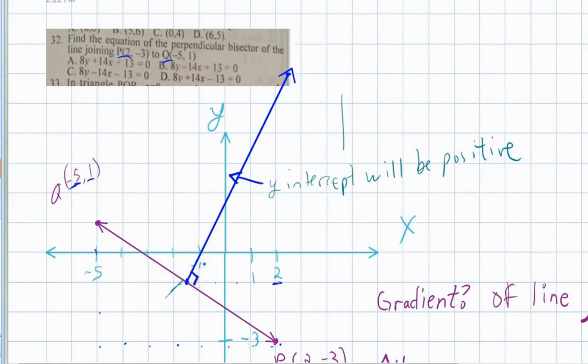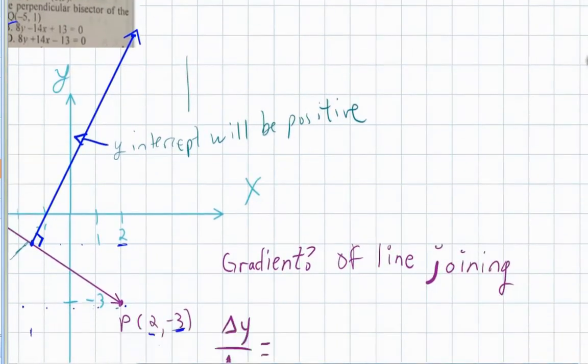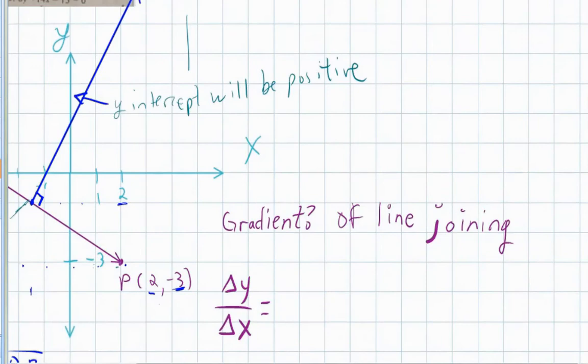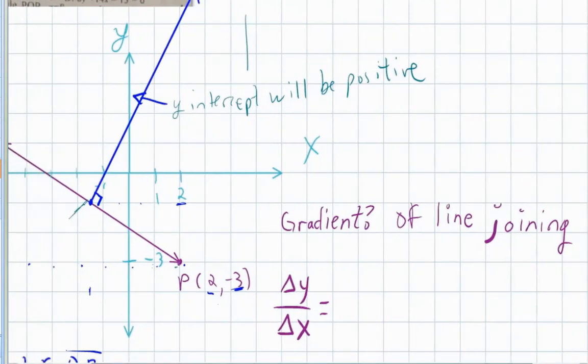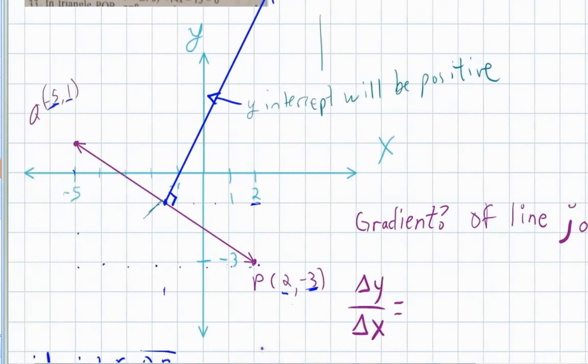And in order to find the equation of that line, first we need to find the gradient of the first line. So the gradient of the line joining point P and Q would be the change in y over the change in x. So here's -3 in the y direction, and here's +1 in the y direction. We can see that it changed a total of 1, 2, 3, 4 spaces.